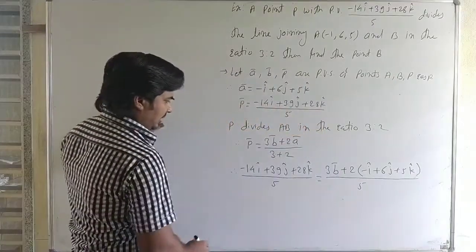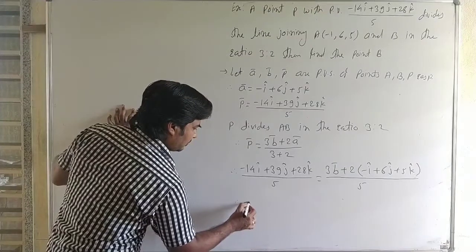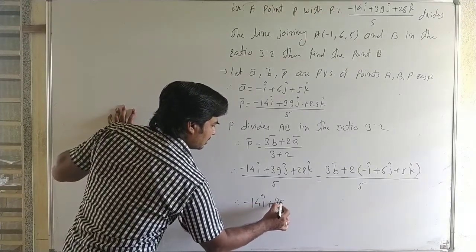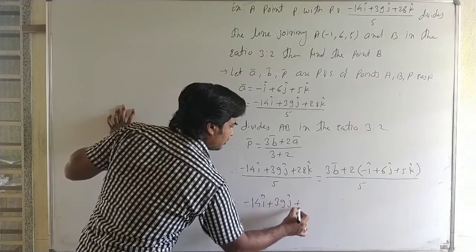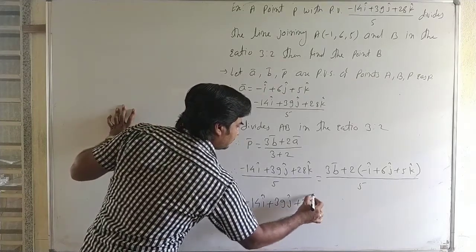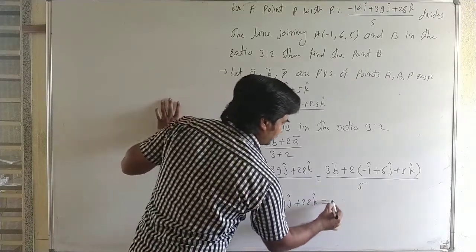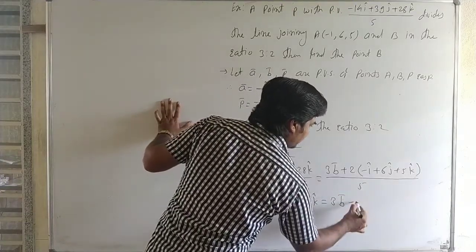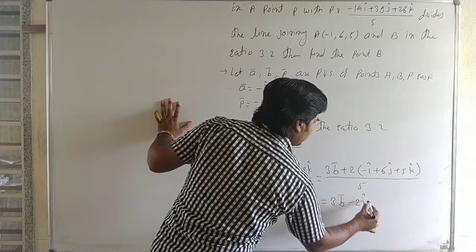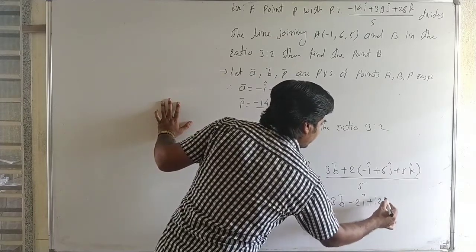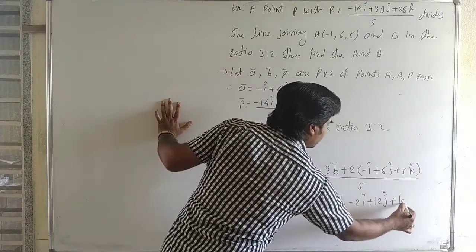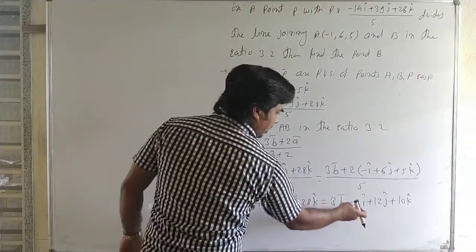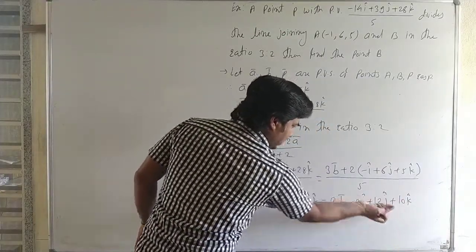Okay, 5 gets cancelled. Then here minus 14 I cap plus 39 J cap plus 28 K cap is equal to 3 B bar minus 2 I cap plus 12 J cap plus 10 K cap. Therefore 3 B bar, minus 2 I plus 12 J plus 10 K, goes to the other side.